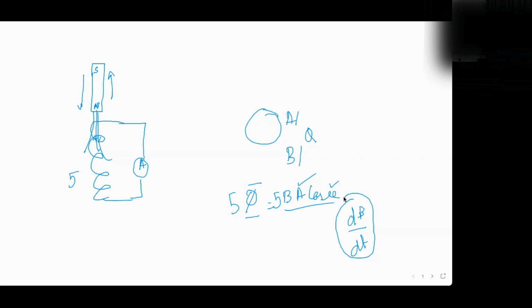Is that clear to you? You can also do the opposite: keep the magnet and move the coil nearby faster. That is also one way of doing it.